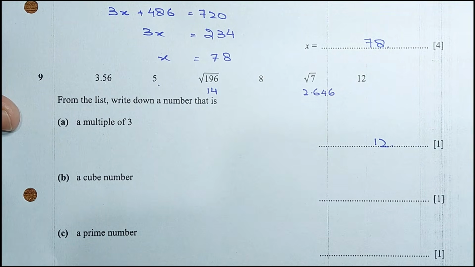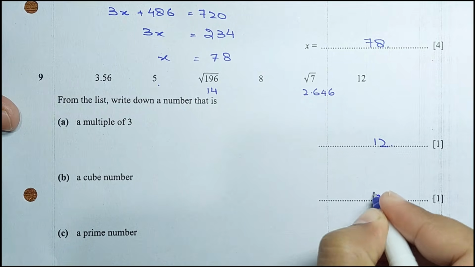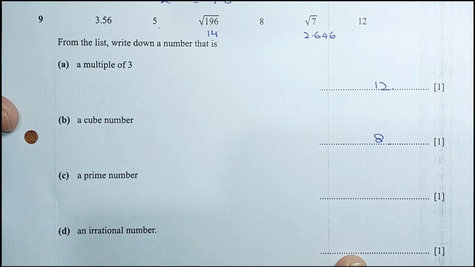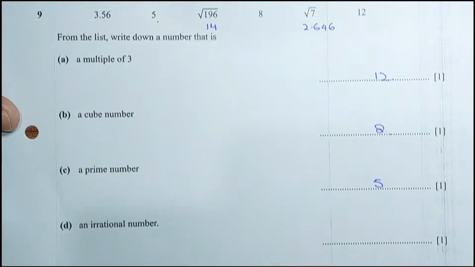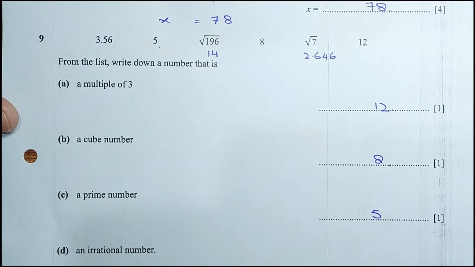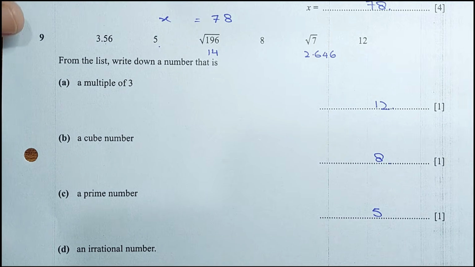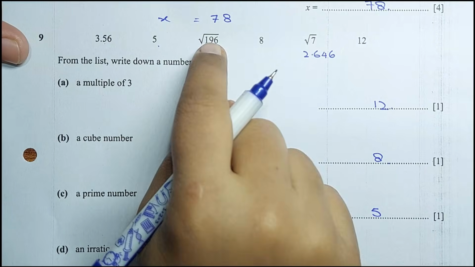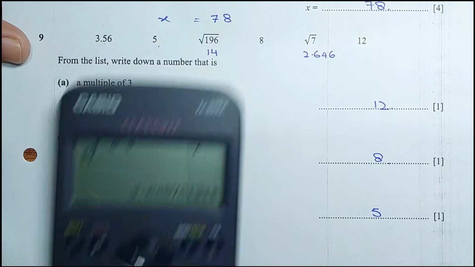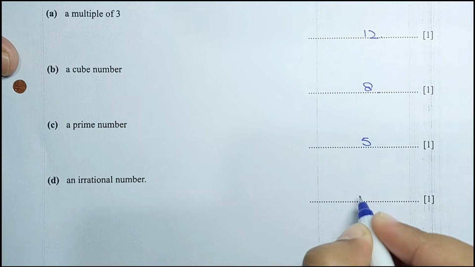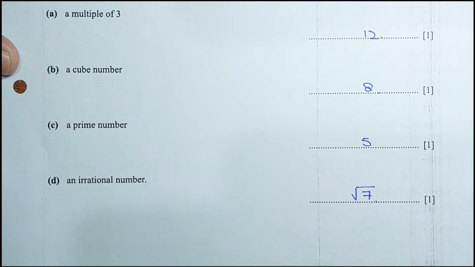Okay, so the cube number is 8. 2 cubed is 8. Part C, a prime number. 5 is a prime number. And part D, an irrational number. So the irrational number is either root 196 or root 7. You can see root 7 is an irrational number.